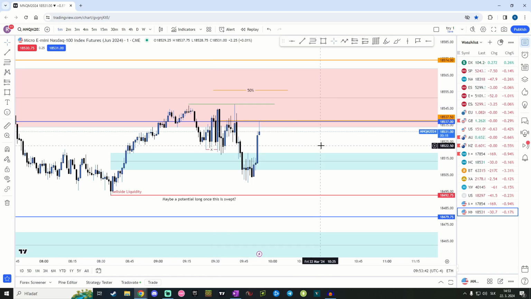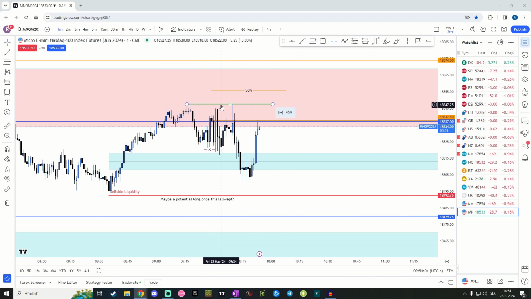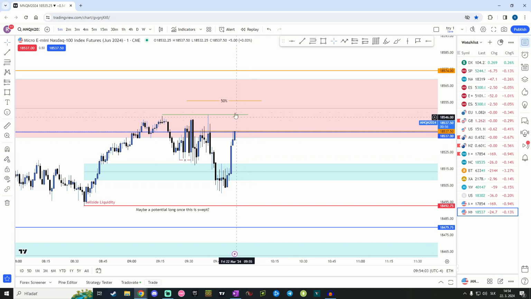So I'm reviewing a micro contract, so it's kind of different in terms of a few ticks. But I think the one on NQ I should be considering more. So I will be still considering that there is a liquidity pool here that hasn't been taken out. So the market can probably come back here.